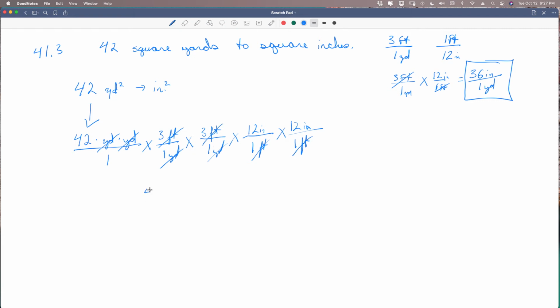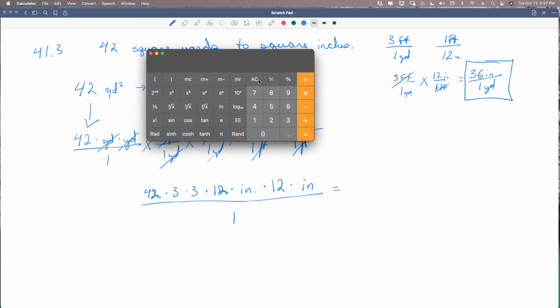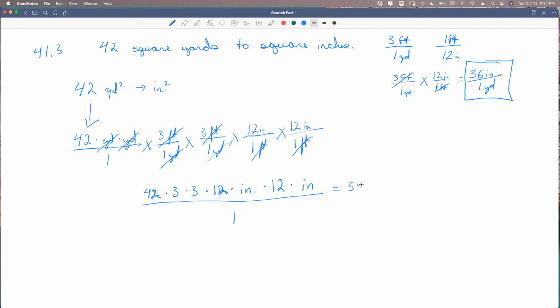So now what we have is 42 times 3 times 3 times 12 times inches times 12 times inches, all over 1, which equals 42 times 3 times 3 times 12 times 12 equals 54,432 with inches squared.